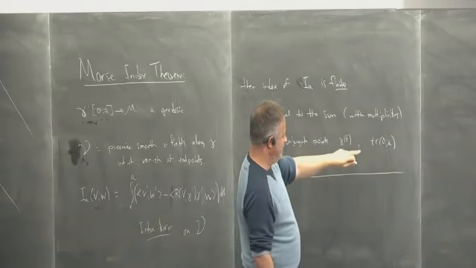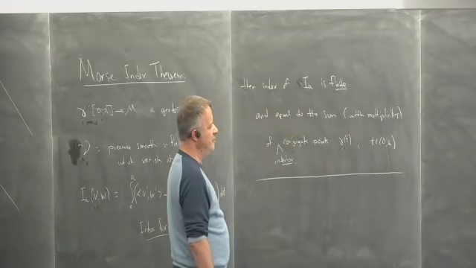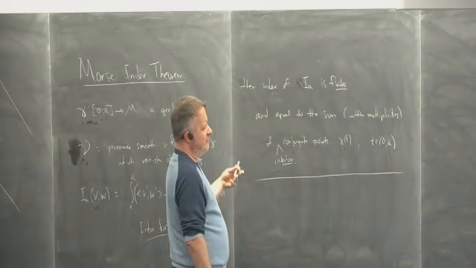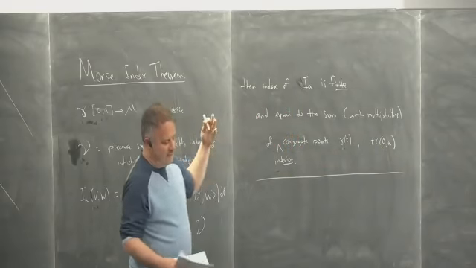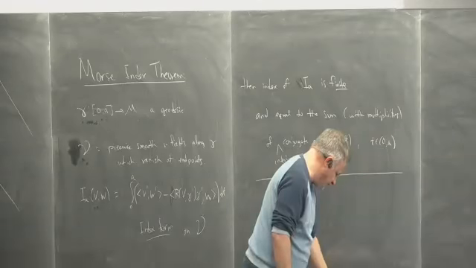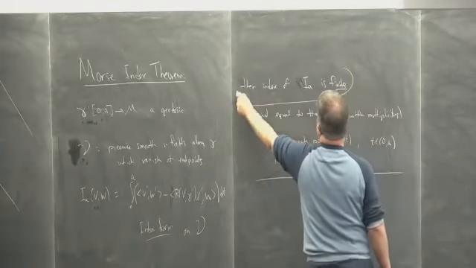So if there's some t between 0 and a where gamma of t is conjugate to gamma of 0, then that has some multiplicity, which is the dimension of the kernel of the exponential map at that point. And then remember, the index is the dimension of the largest negative definite subspace.